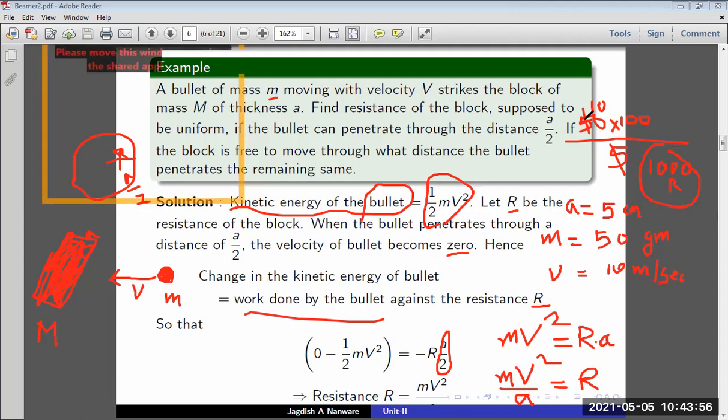Suppose instead of a bullet, you take the incidence of an accident, and instead of the bullet you can take a car. And this block can be taken as another body or any other vehicle, or it can be anything.